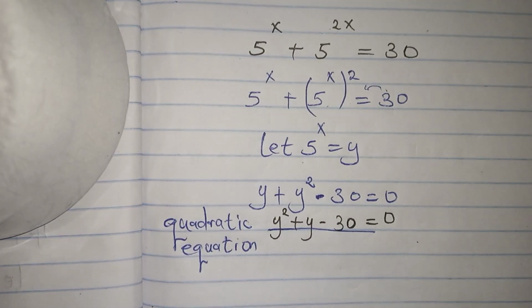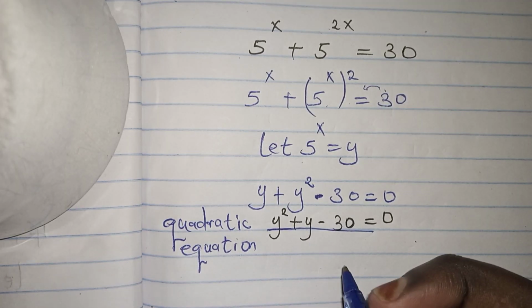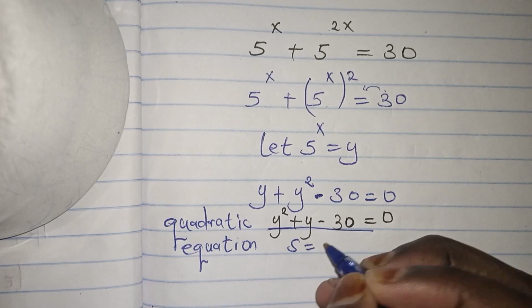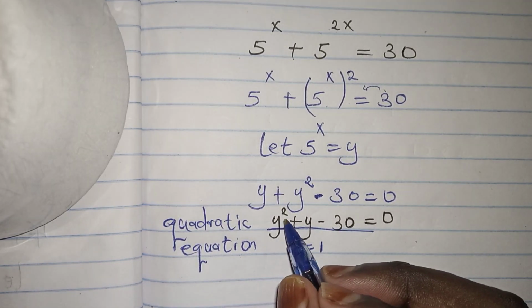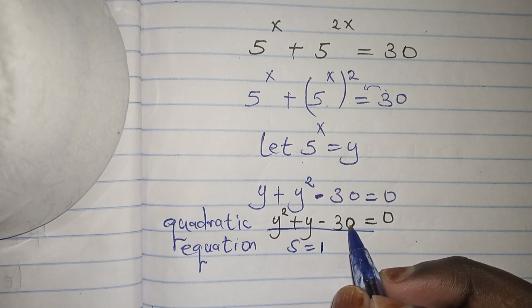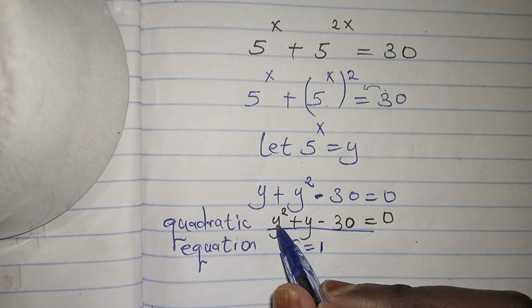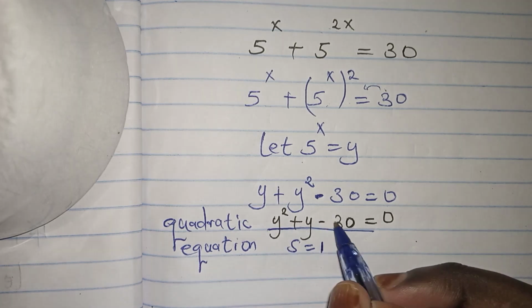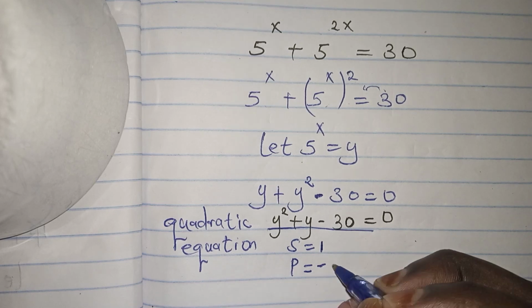So let us solve, and I will use the factorization method where we are taking the middle term here as our sum. So our sum here is 1, and we are taking the coefficient of y squared, multiplying it by our c. For our case, the coefficient of y squared is 1. So 1 times negative 30, this is our product, negative 30.